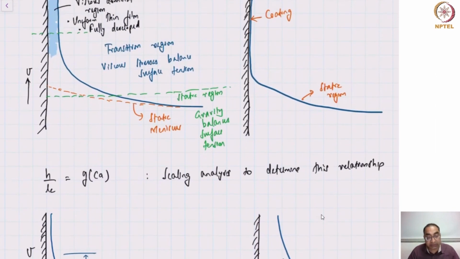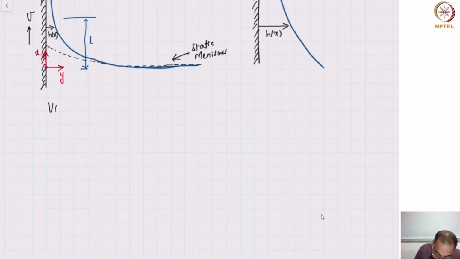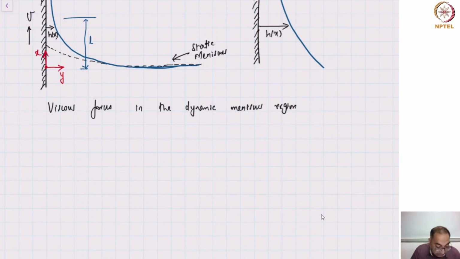Because the transition region is where viscous stresses start to become important. So viscous forces in the dynamic region, you can approximately say this viscous force would be viscosity mu u by h square.